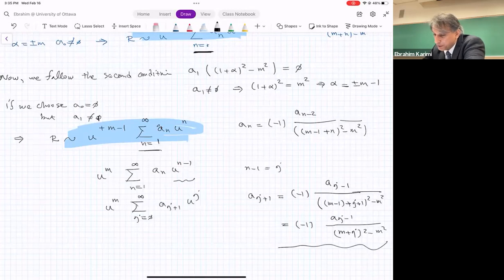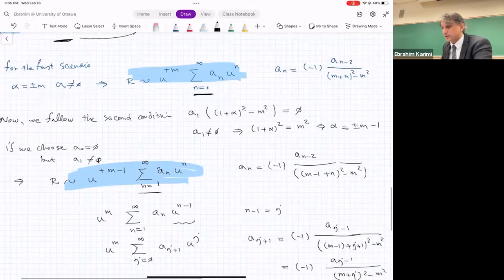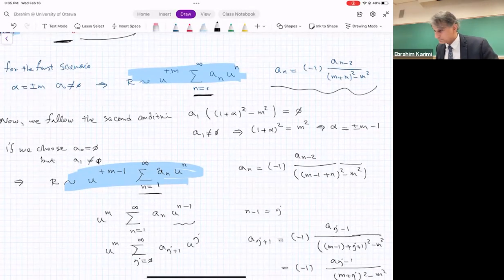This expression is identical to that expression that you had. So it doesn't matter really which coefficient you choose.